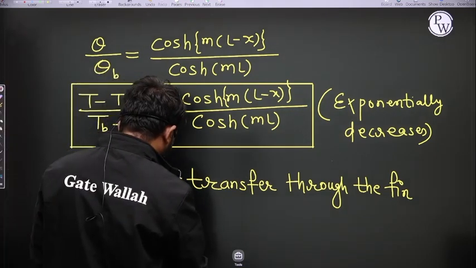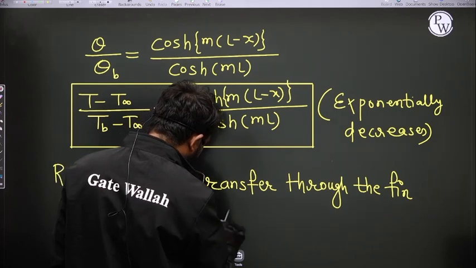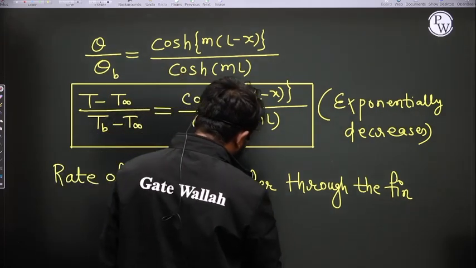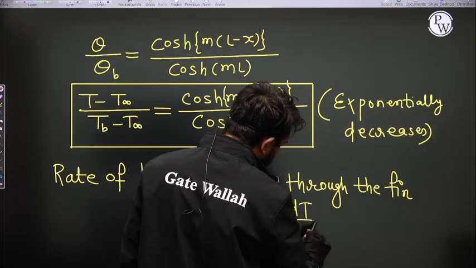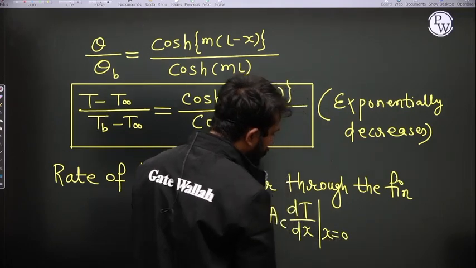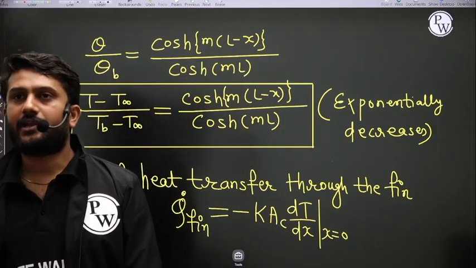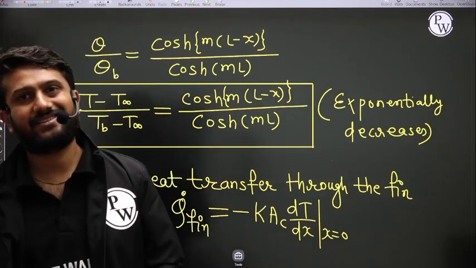So that is Q dot fin is equal to minus K A_c, again using the same concept. And what is that concept? The concept is the rate of conduction heat transfer at x is equal to 0 is equal to the rate of heat transfer through the fin.